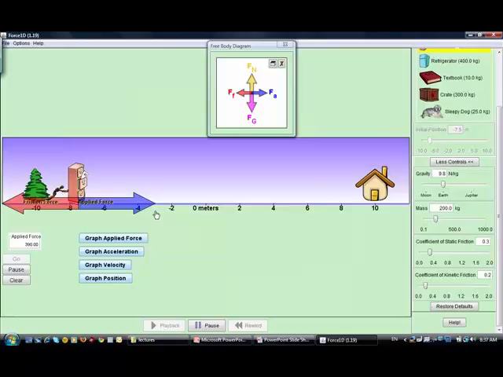We don't need a force or an unbalanced force to have motion. If there are no forces acting on an object, if it already has motion, it's going to continue at its state of motion without any forces. In other words, when the forces are balanced, we can have motion or we can have no motion. It does not matter. But when the forces are unbalanced, we are going to have acceleration.